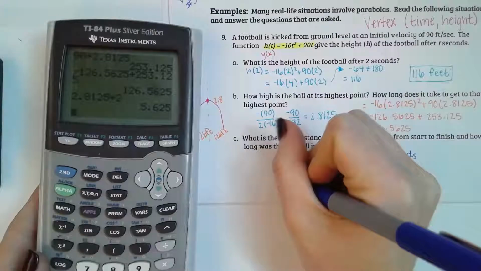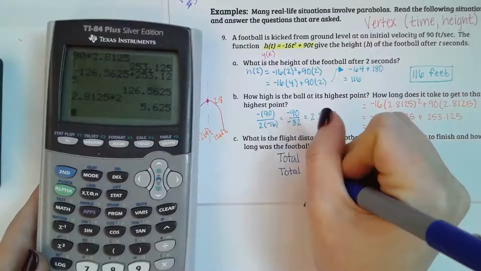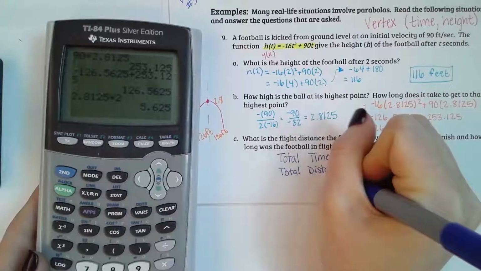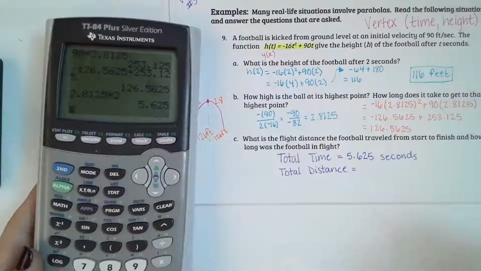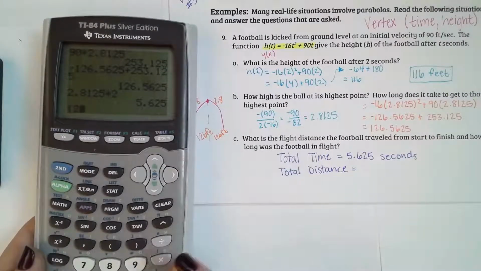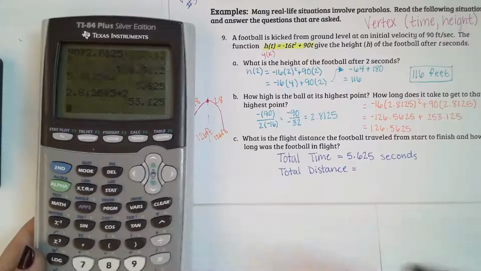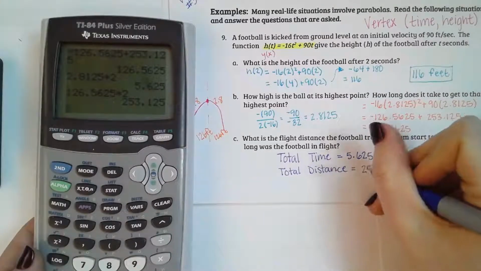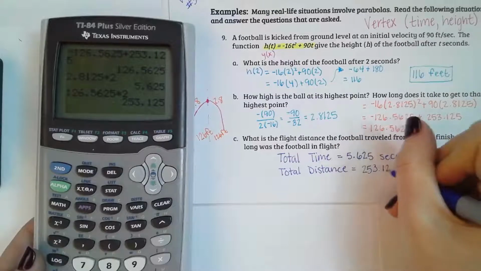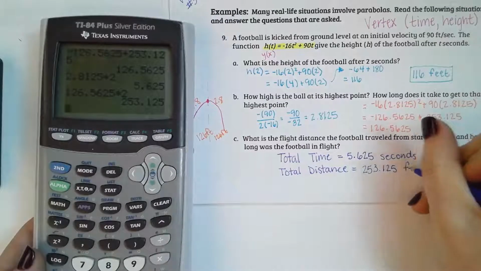And our total distance, 126.5625 doubled, is 253.125 feet.